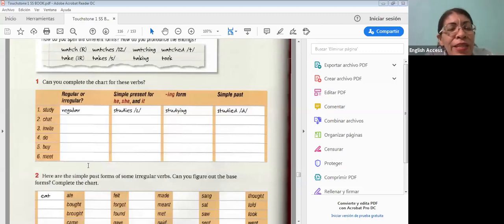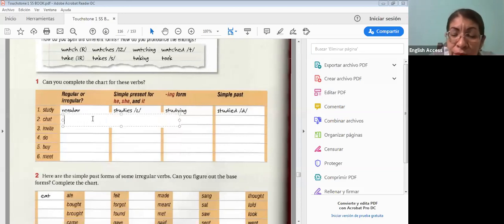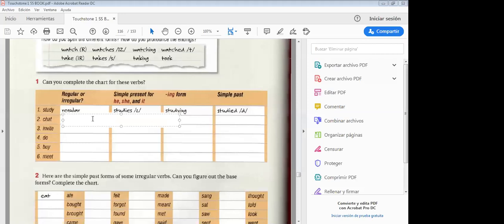Can you complete the chart for these verbs? For example number 1, the verb is study. This is a regular verb. Simple present for he, she, it, we say studies, ing form, studying, simple past, studied, okay? Next we have chat. Is it a regular or irregular verb? Regular.